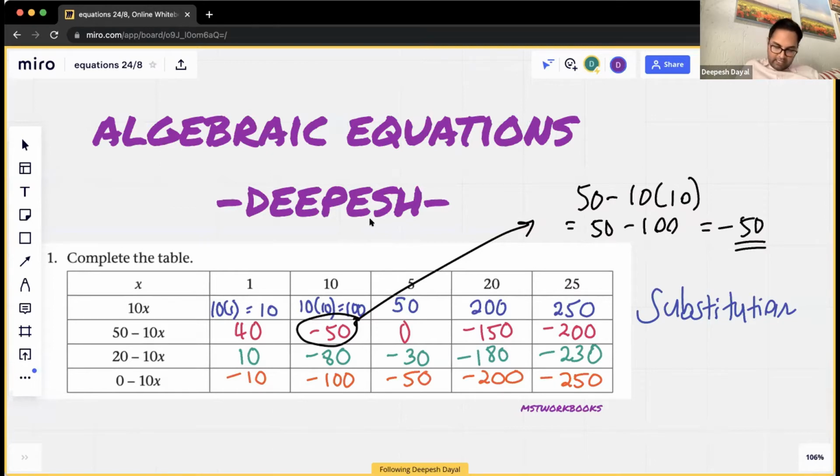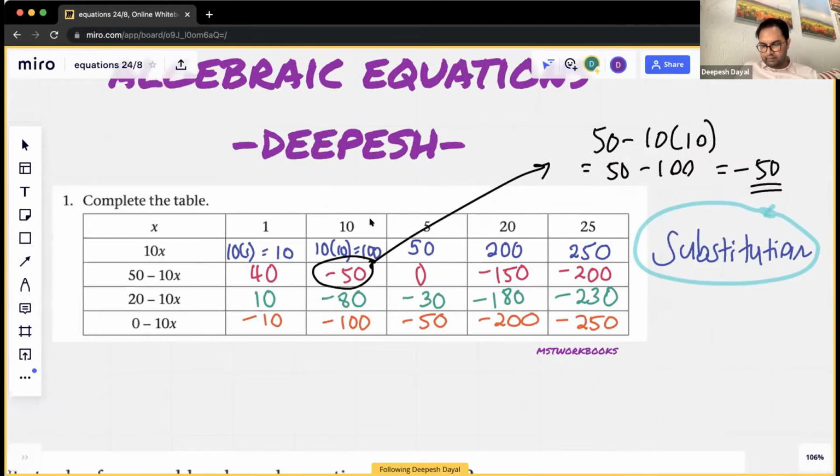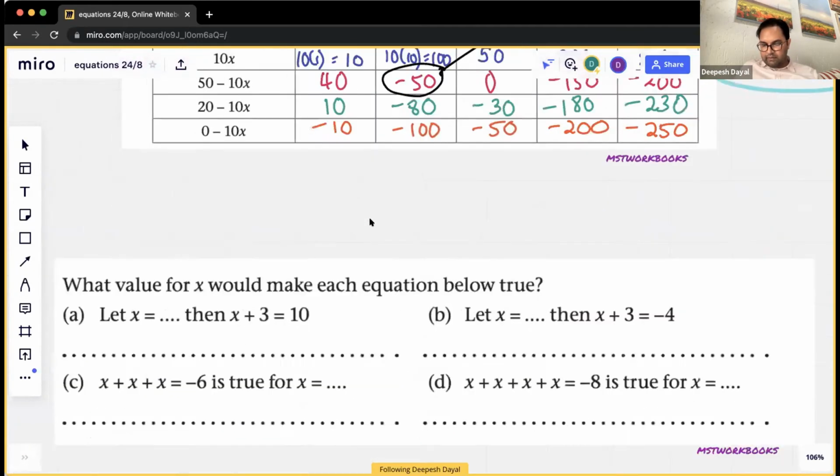And as I was saying, we call this substitution, right? Substitution. Okay, great. Sorry, I moved quite quickly through this.